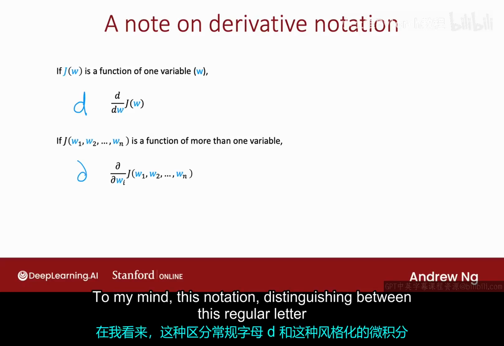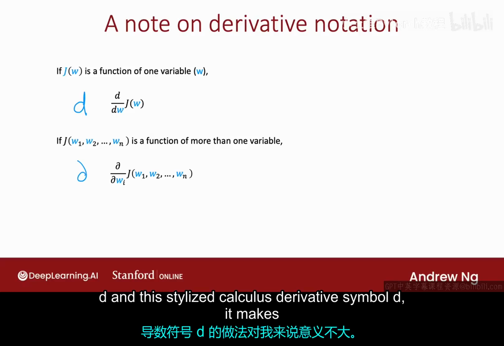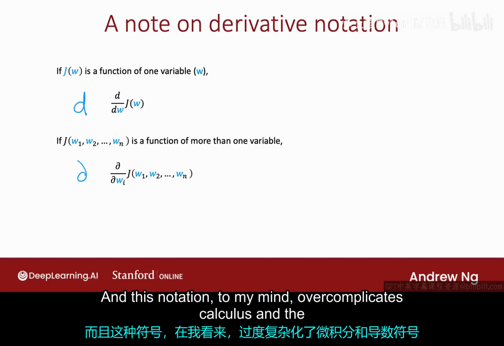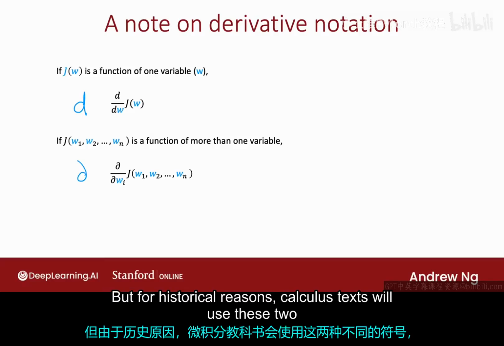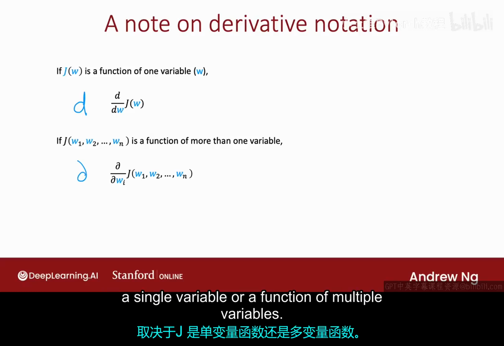To my mind, this notation distinguishing between this regular letter d and this stylized calculus derivative symbol d makes little sense, and it overcomplicates calculus and the derivative notation. But for historical reasons, calculus texts will use these two different notations depending on whether j is a function of a single variable or a function of multiple variables.